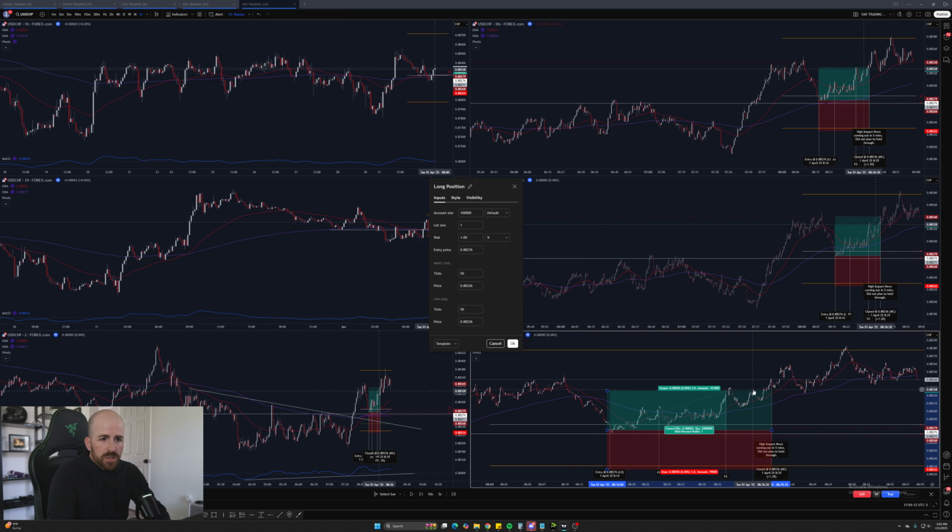So as price is pushing, even up, say if I didn't close here and it continues to push up, I would either be exiting on a break of this 5-second 50, or I would set my stop loss to my 1-to-1.